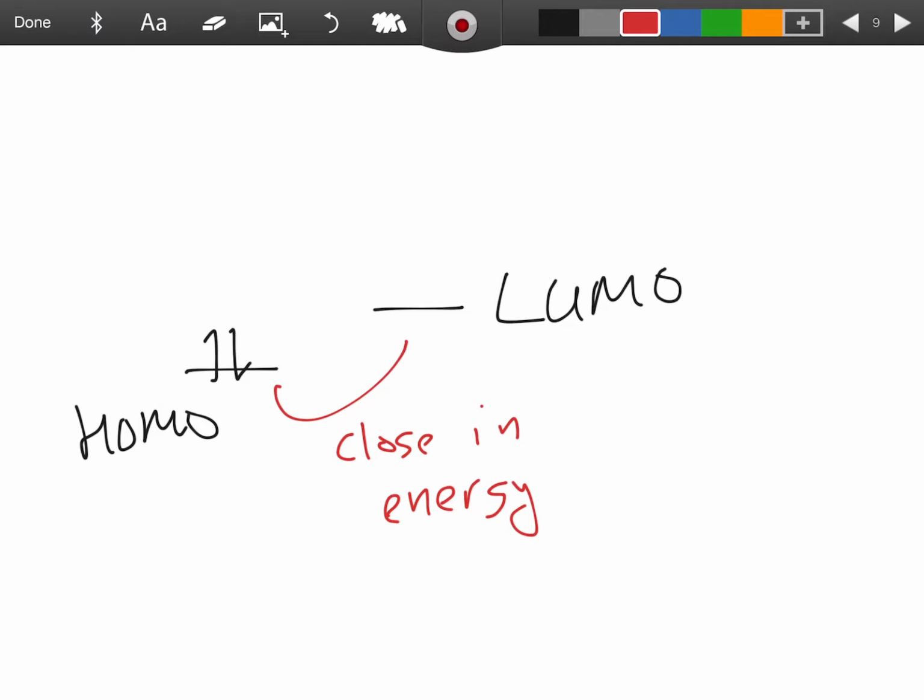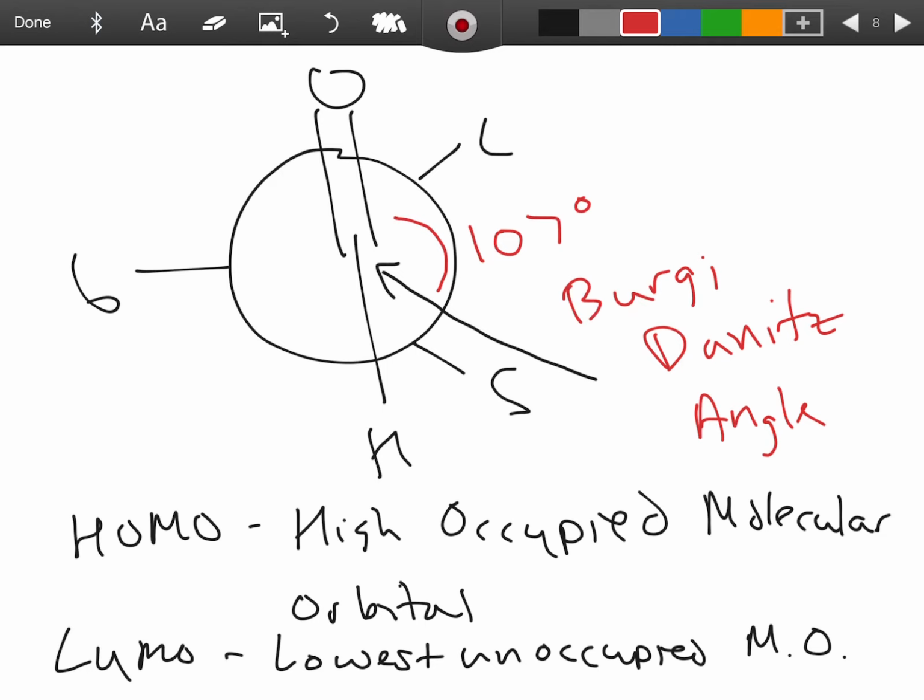So the Bürgi-Dunitz angle allows your nucleophile to approach the LUMO of the carbon-oxygen double bond, right? That is the pi star orbital.